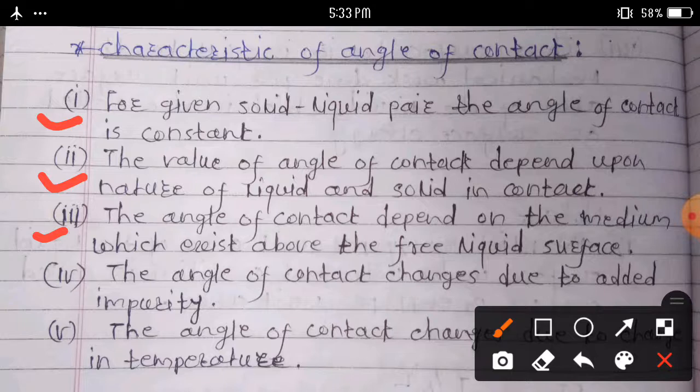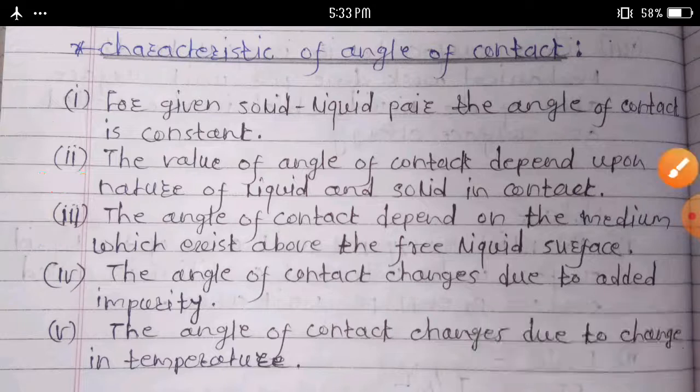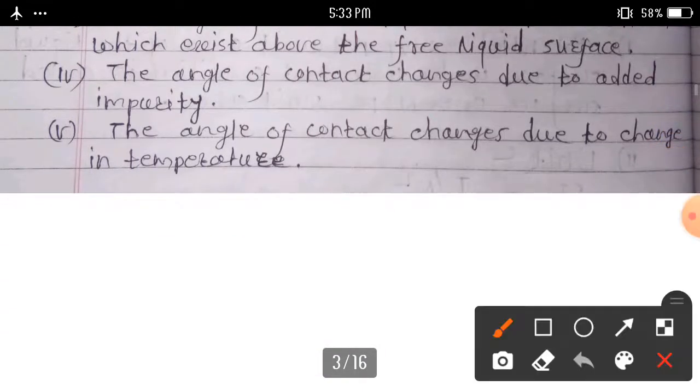Fourth characteristic: the angle of contact changes due to added impurity. Last characteristic: the angle of contact changes due to change in temperature. If temperature changes, the angle of contact also changes.